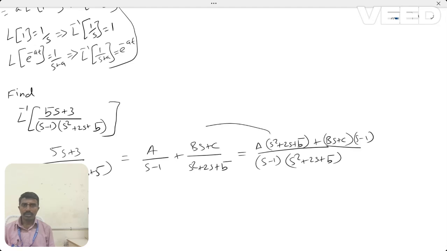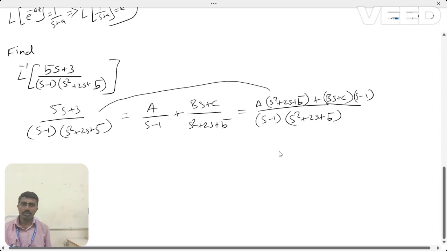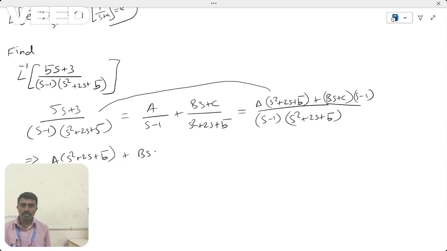Now equate these two fractions. Here denominators are equal, so numerators must be equal. That means A into s square plus 2s plus 5 plus Bs plus C into s minus 1 equal to 5s plus 3.